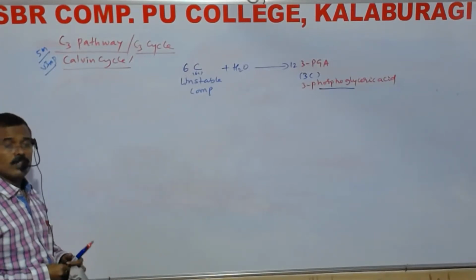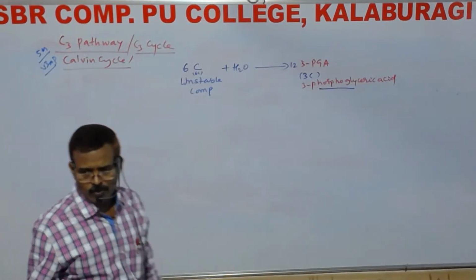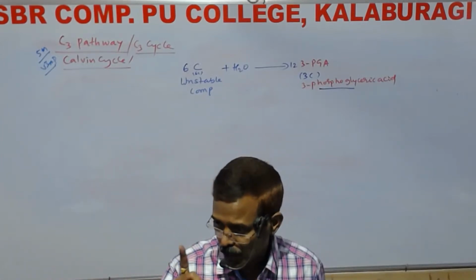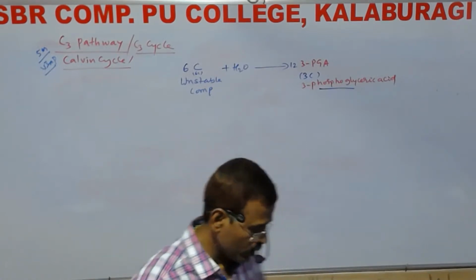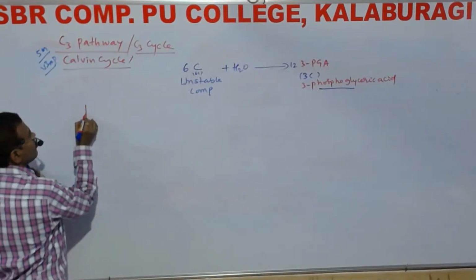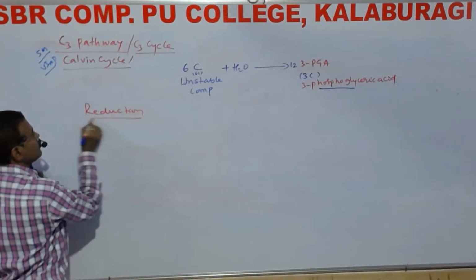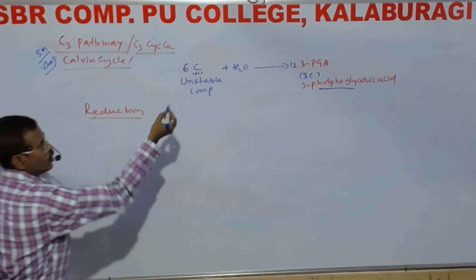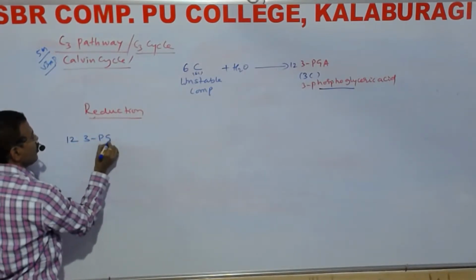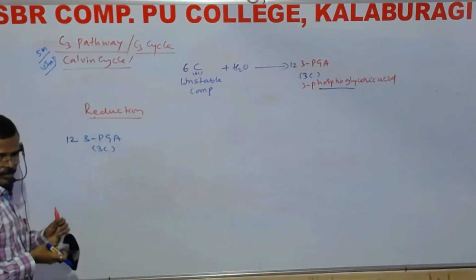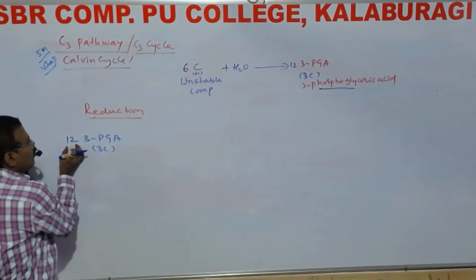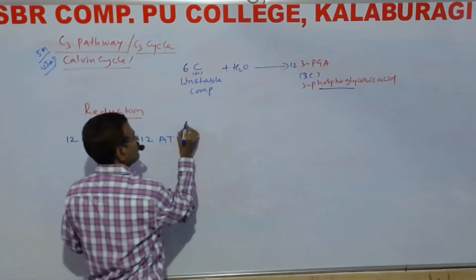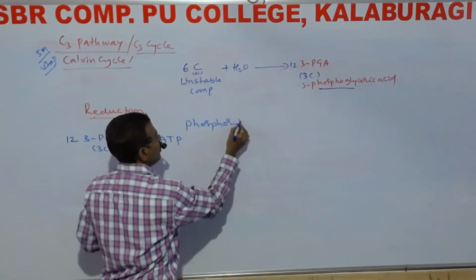In the first step, the phosphorylation of ribulose monophosphate into ribulose bisphosphate, how many ATPs have been used? Total 6 ATPs have been used. Now the second step, reduction. In the reduction process, the 12 molecules of 3-PGA, a 3-carbon compound, will undergo phosphorylation.